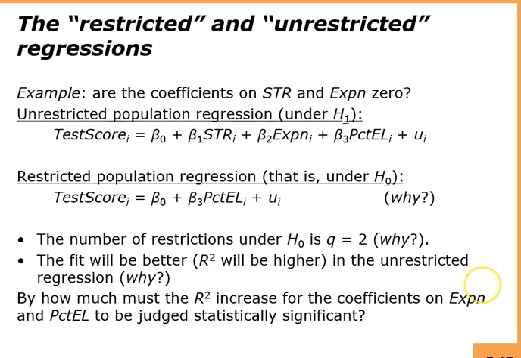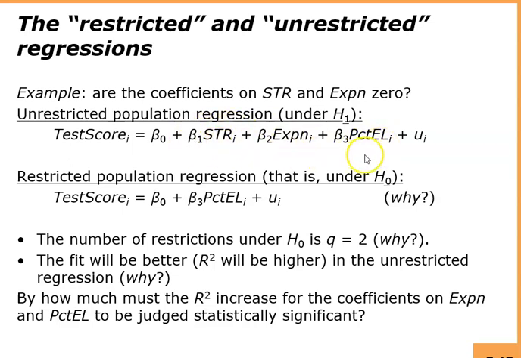Let's explain this with an example. If you are testing the null hypothesis that the coefficients on student-teacher ratio and expenditure per pupil are equal to 0, then you first estimate an unrestricted population regression in which all the regressors are included, meaning the STR, expenditure per pupil, and percentage of English learners.